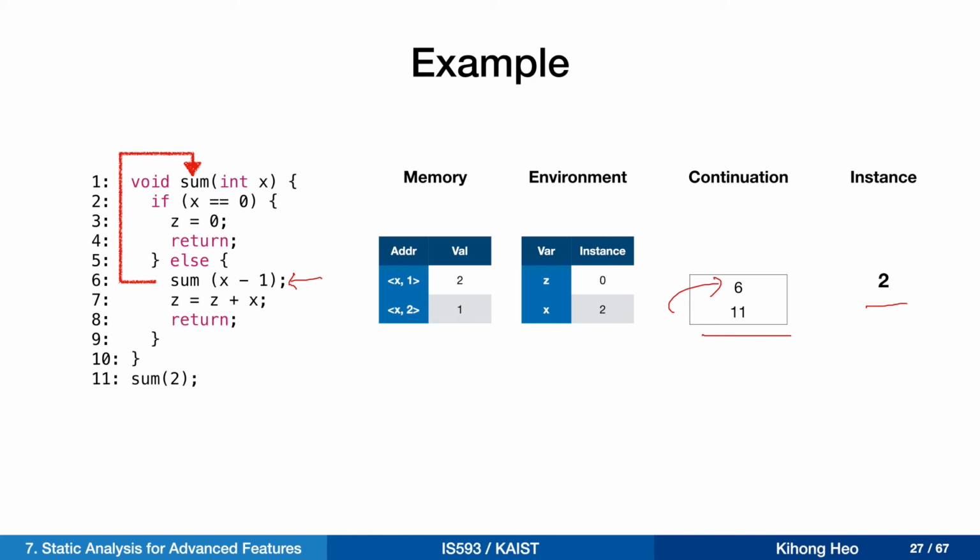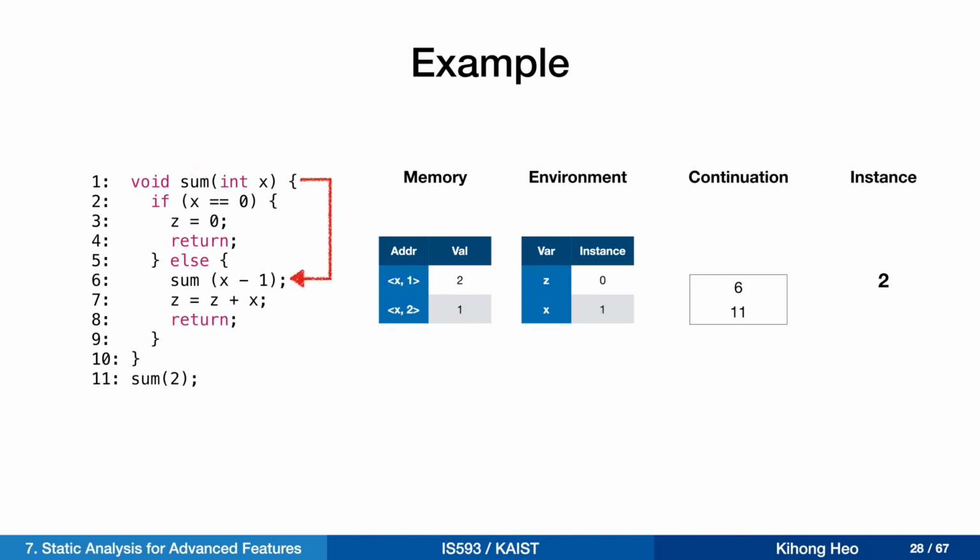And it makes a new element in the environment. Here the instance of variable x is now 2. From now on x represents the second instance of x. And then it updates the memory properly. Notice that it does not update the first instance of x, but it adds a new instance of x.